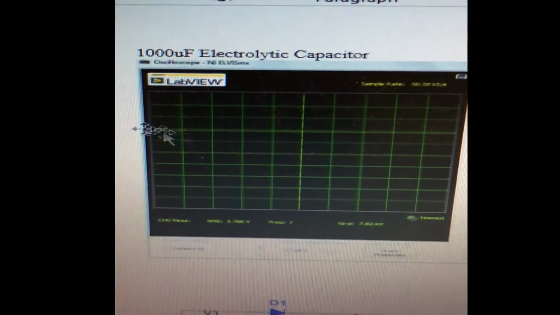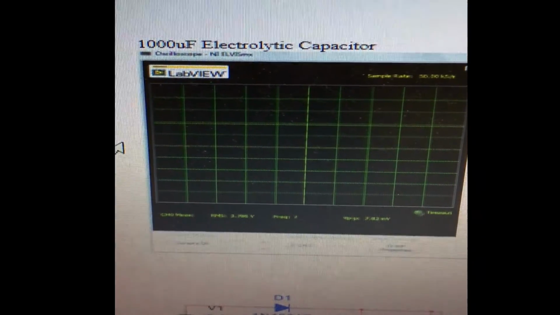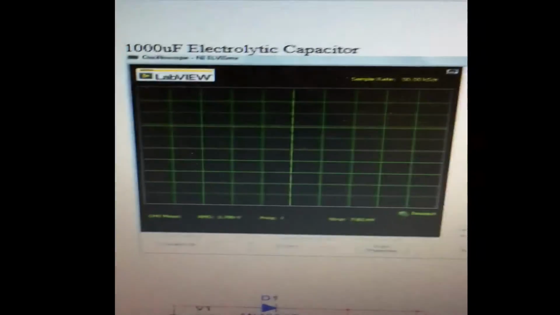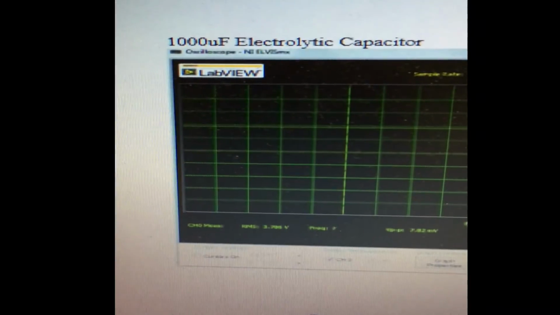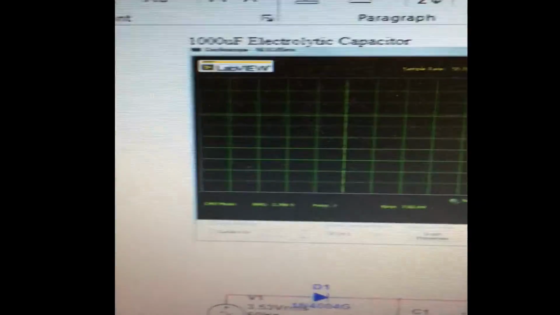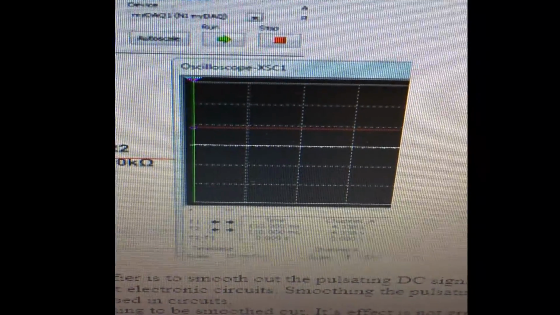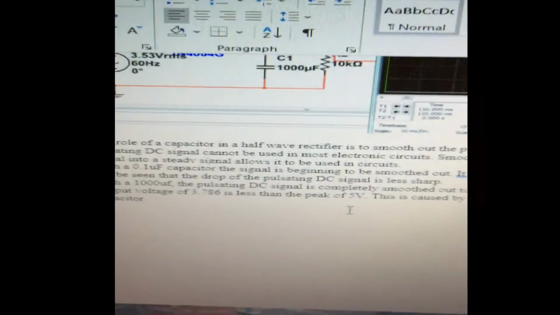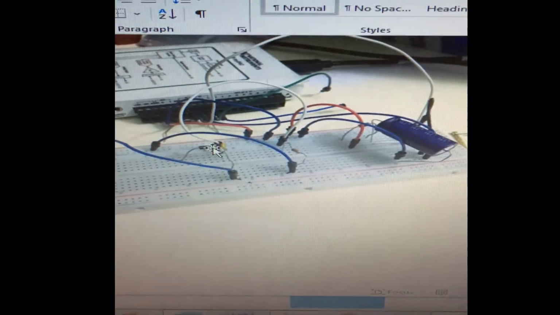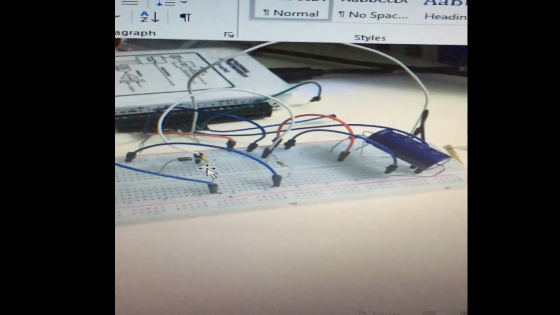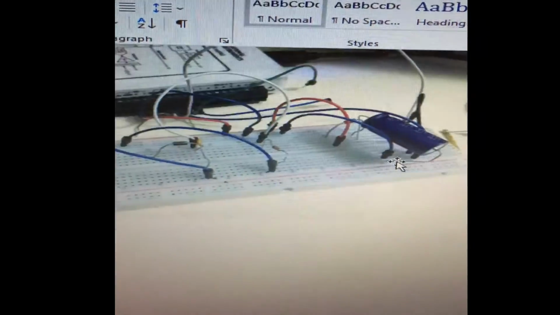But here is a 1000 microfarad electrolytic capacitor, and it's a straight, smooth and steady DC signal. It's around 3.8 volts DC output. Here's the same thing right there. There's a steady, smooth DC signal.